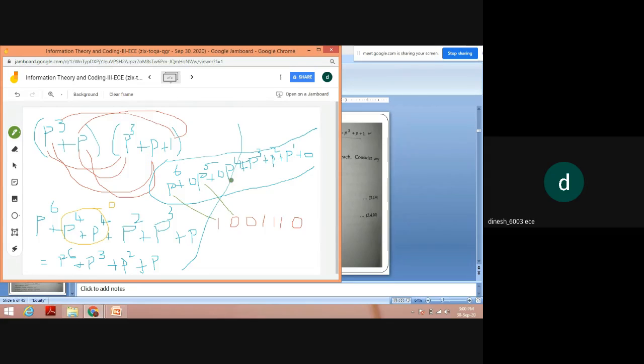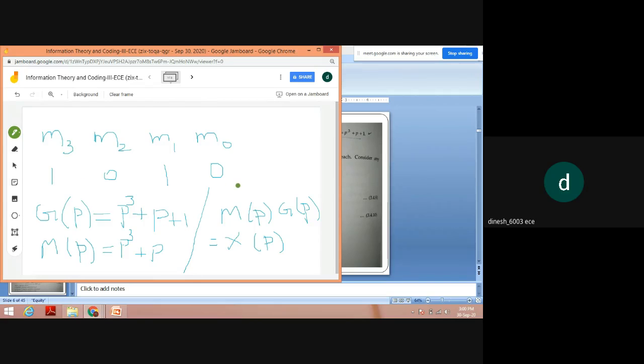For p power 4, 0 into p power 4. For p power 3, 1 into p power 3. P power 2, 1 into p power 2. P power 1, 1 into p power 1. Here I don't have p naught or p power 0, so 0. So this is your non-systematic code of the message vector 1010.